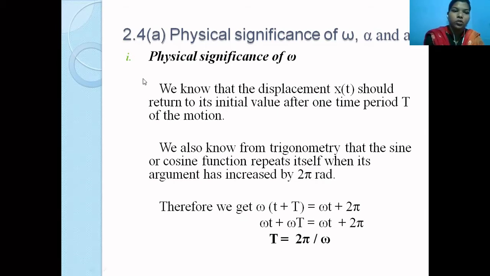So if I want to represent this diagrammatically, I will again draw a displacement versus time graph, where y represents displacement and x represents the time axis. The particle should start from the mean position, go to the first extreme, come back to the mean position, go to the other extreme, and come back to the original position again.